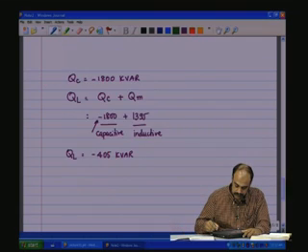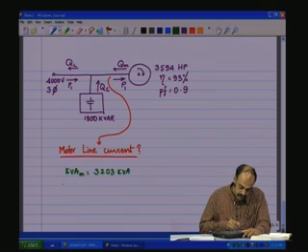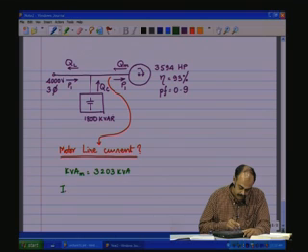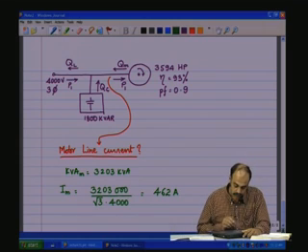So, that is what we will be using, and the motor current IM will be 3203 kVA divided by root 3 times the same line voltage, 4000 volts, and that would be 462 amps.